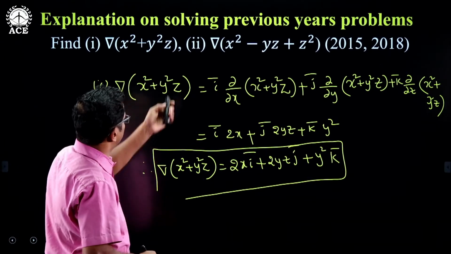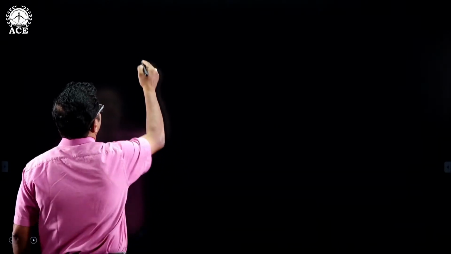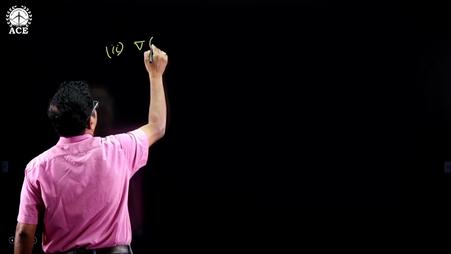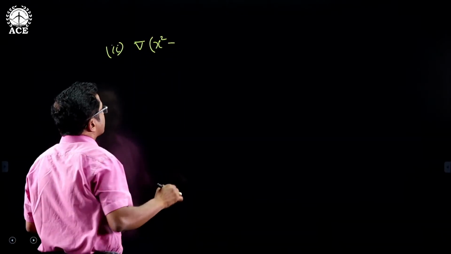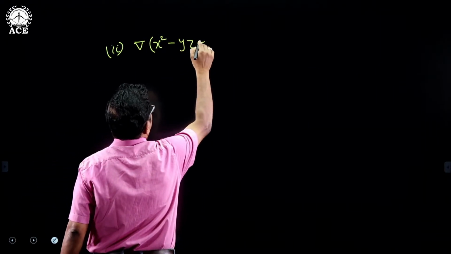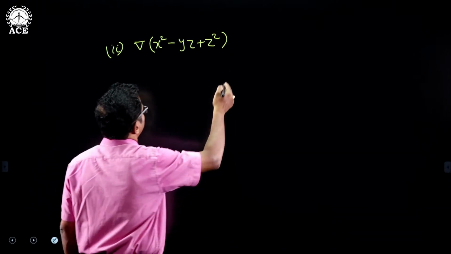Second one, del of x square minus yz plus z square. Similarly, you write.